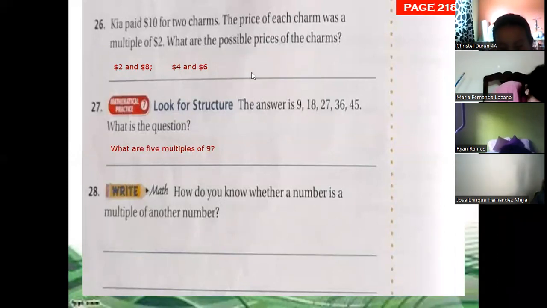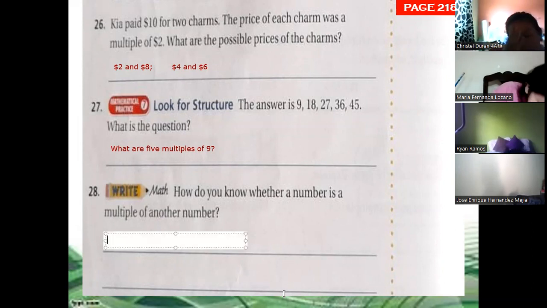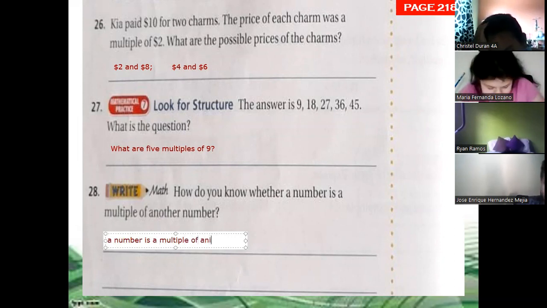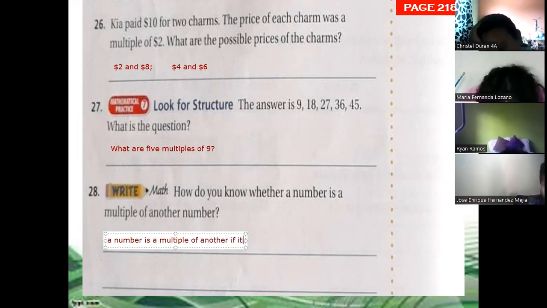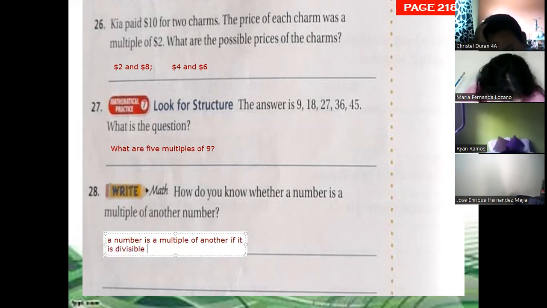28. How do you know whether a number is a multiple of another number? A number is a multiple of another if it is divisible by that number, period.